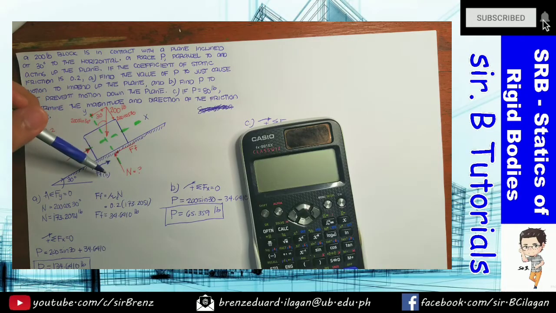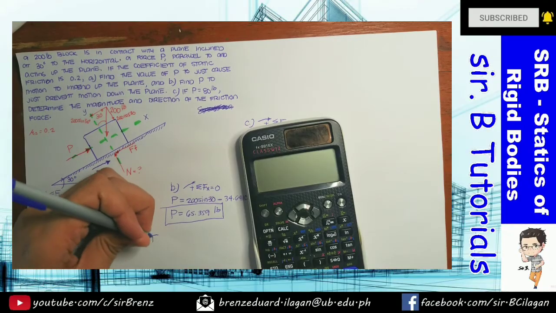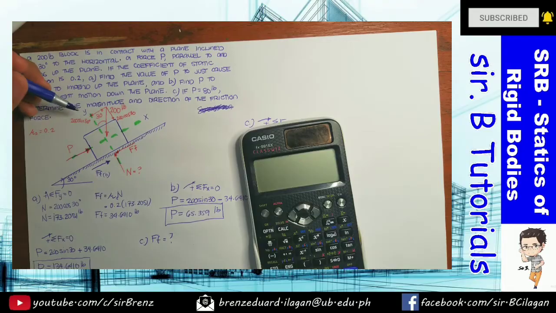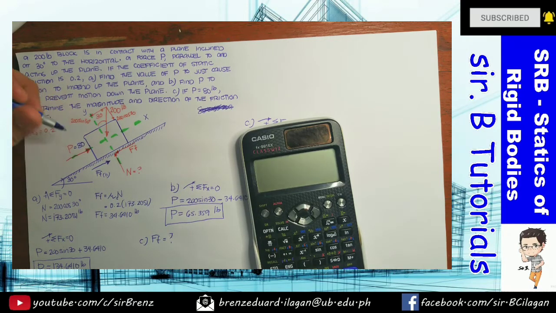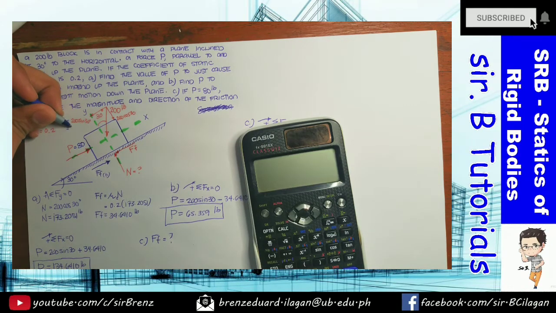To know the direction, since we are only asked for F sub F in letter C, analyze the givens in the same direction as the F sub F, or the frictional resistance. You have here a force P, which is given as 80 pounds for the case of letter C. And the X component is 200 pounds, so this 200 sine 30 is equivalent to 100 pounds.